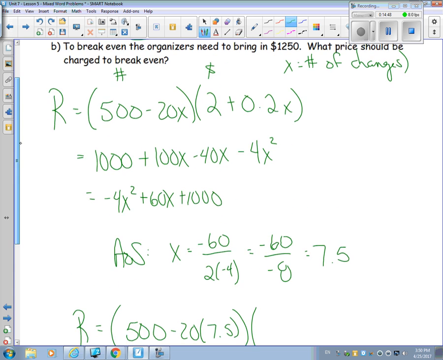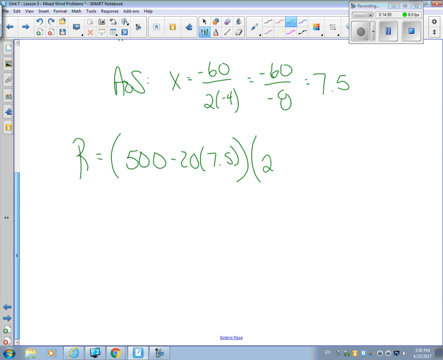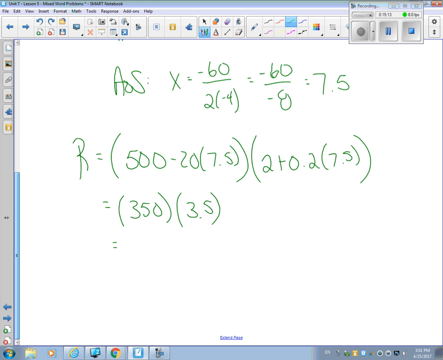We started at $2 and we increased the price by 20 cents 7.5 times. So what do we get for numbers here? 350 on this side and 3.5 on this side, which when we multiply them together gives us 1225.